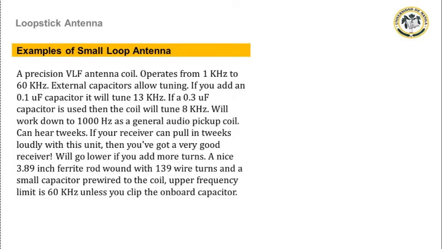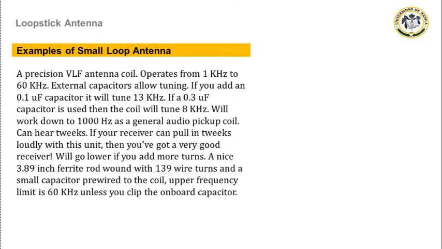You can hear tweaks. If your receiver can null out tweaks loudly with this unit, then you've got a very good receiver. You will go lower if you add more turns. A nice 3.89-inch ferrite rod wound with 139 wire turns and a small capacitor pre-wired to the coil.